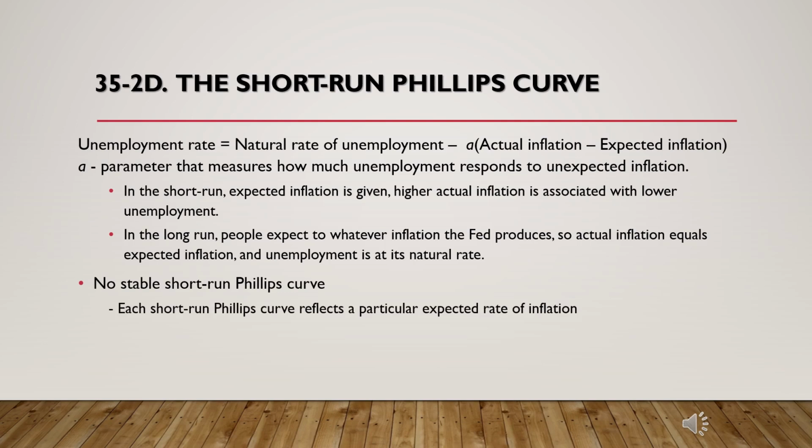If you graph this equation, you'll find that the downward sloping short-run Phillips curve intersects the vertical long-run Phillips curve at the expected rate of inflation. When expected inflation changes, the short-run Phillips curve shifts. To understand better, let us look at the graph on the next slide.